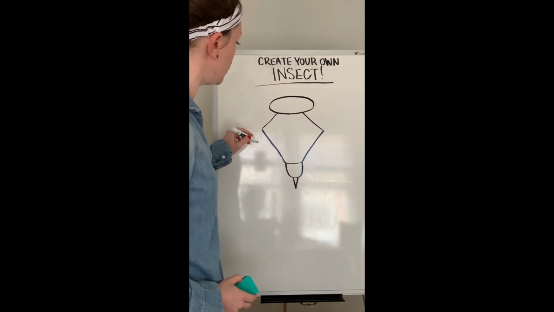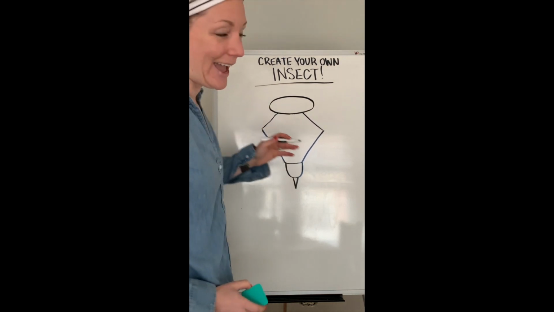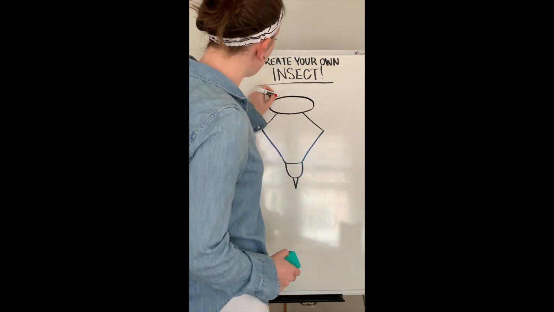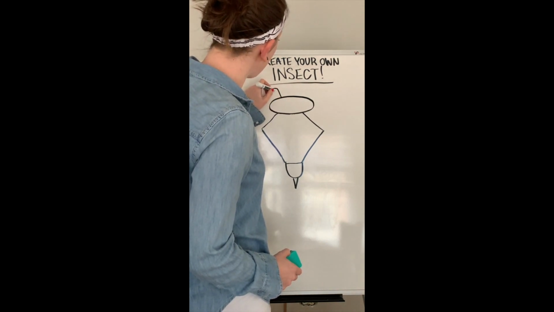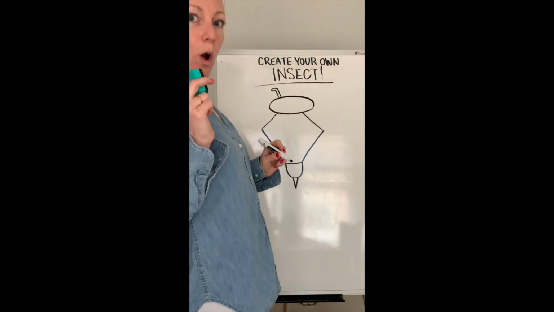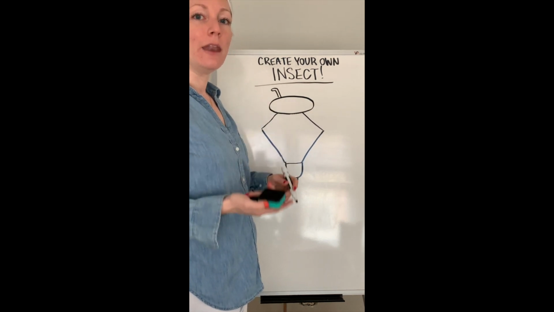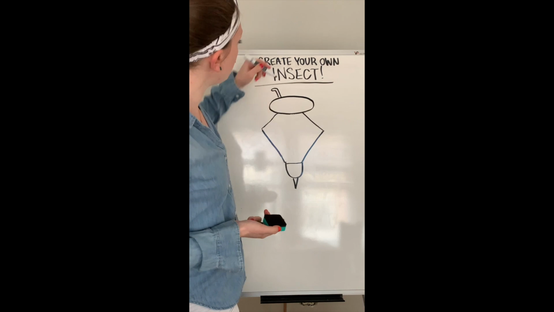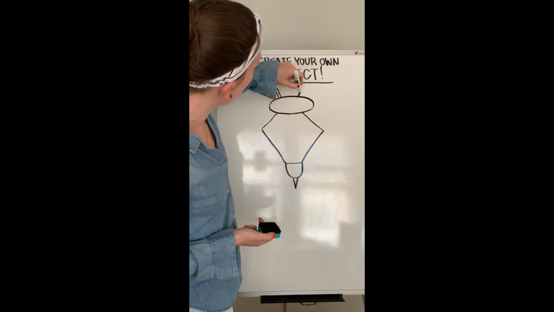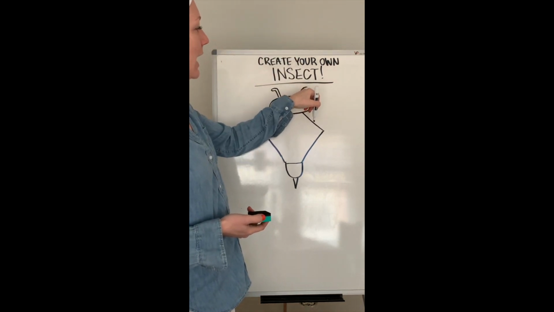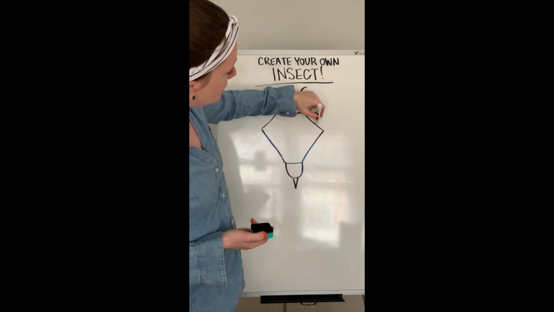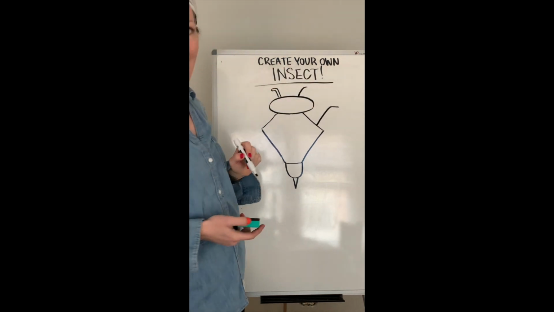So what I'm going to do now is I'm going to add the extra parts. So maybe I want to add antennas. Now what you want to avoid is drawing lines and not shapes. What I mean by that is your antenna should not be a line. Your legs should not be lines.